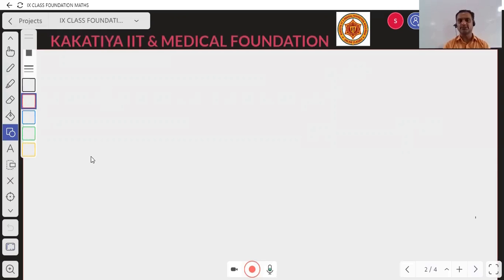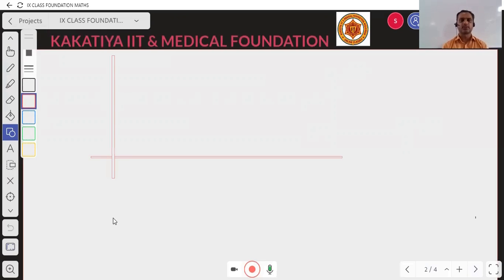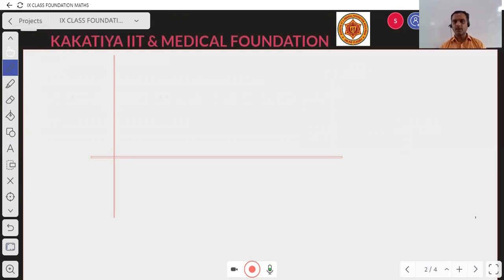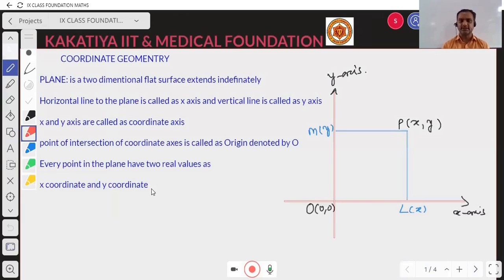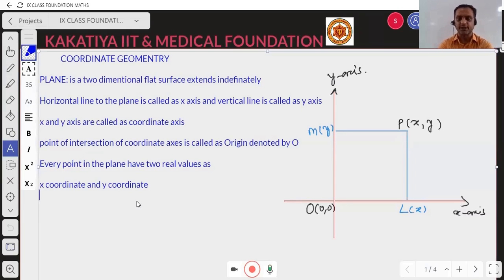Okay, so the horizontal line to the plane is what we take as x-axis. The vertical line to the plane is what we take as y-axis, right? Okay, so suppose I have a point somewhere over here, always remember one more thing. See, any point on x-axis is of the form a comma 0. Okay, so we'll say a point on x-axis is of the form a comma 0.